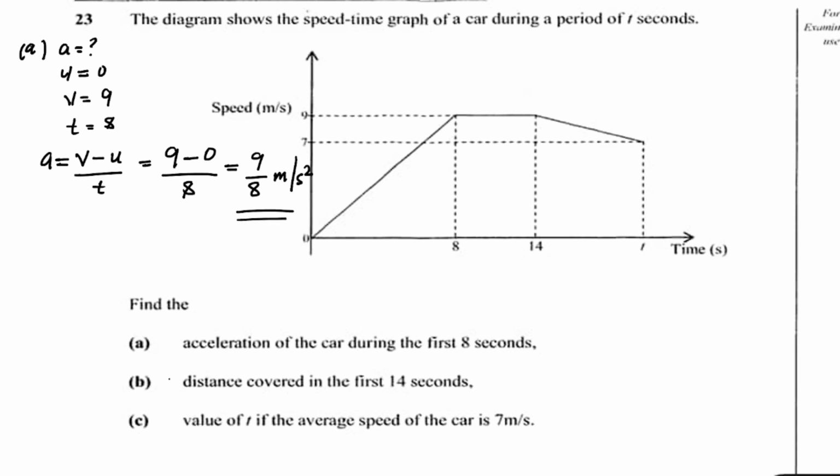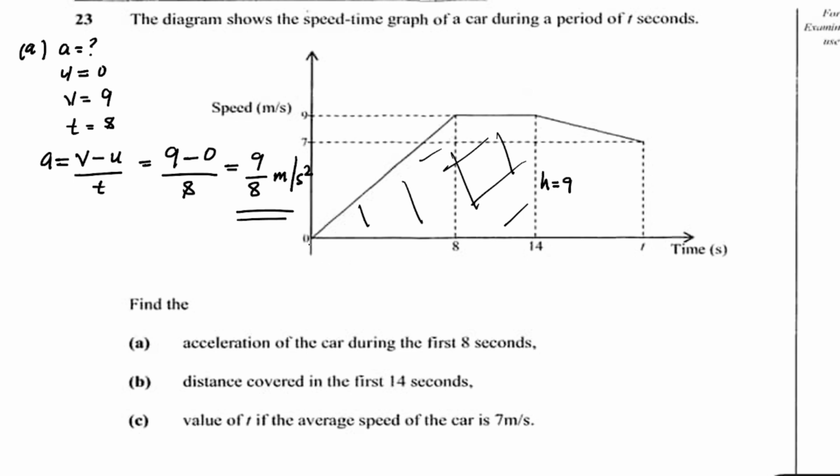We continue. B, the question says the distance covered in the first 14 seconds. Now, if we are to look at the shape that we're having in the first 14 seconds, that is a trapezium, of which we are told that from there to there, this represents the height, which will be 9 here.